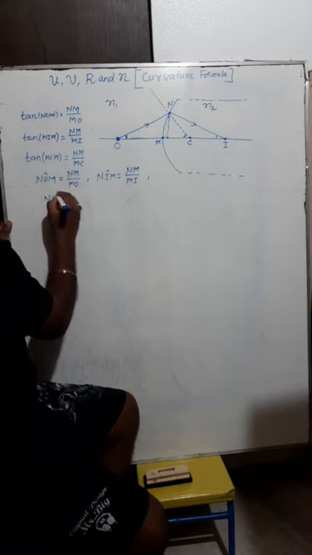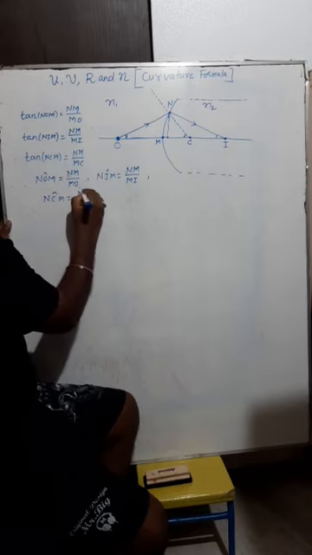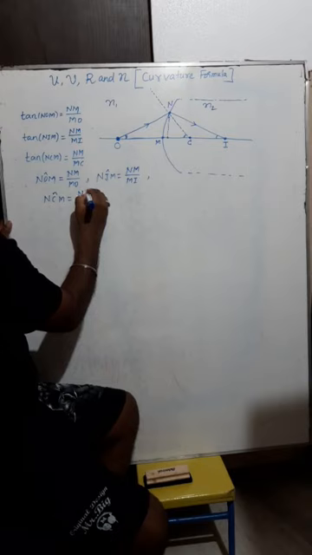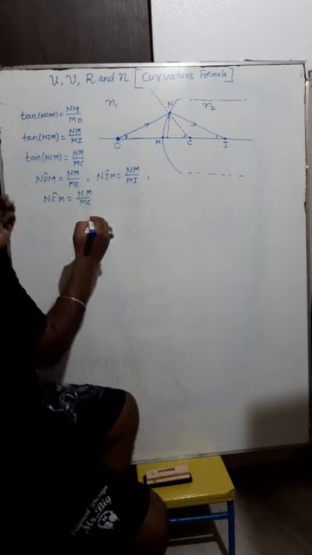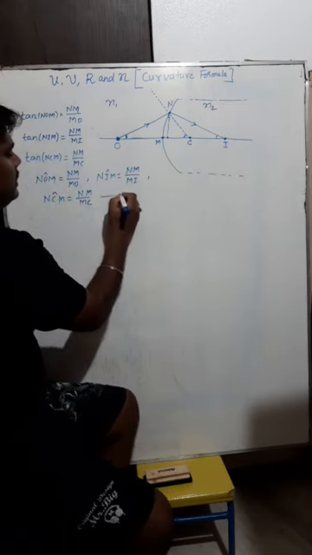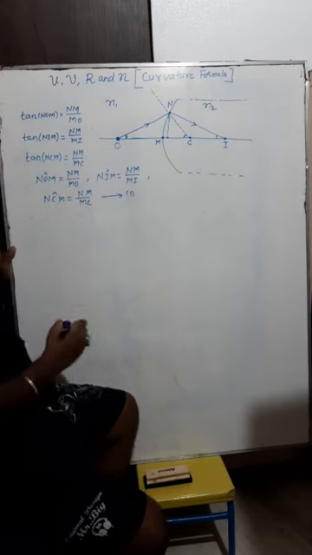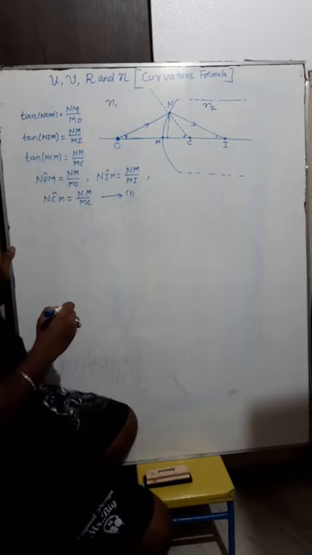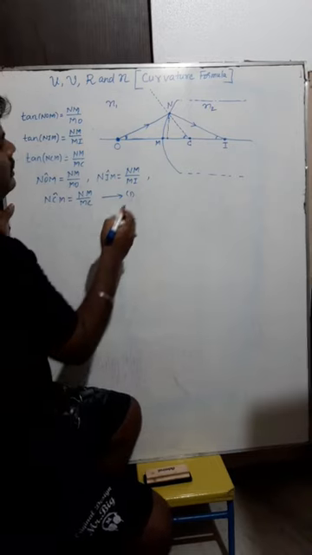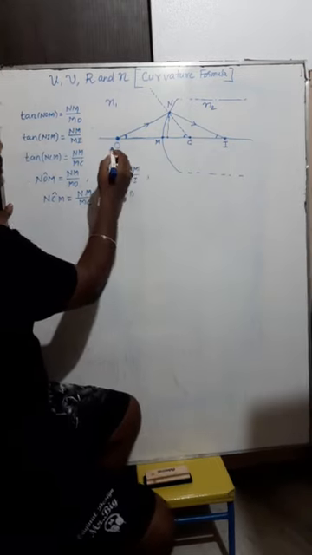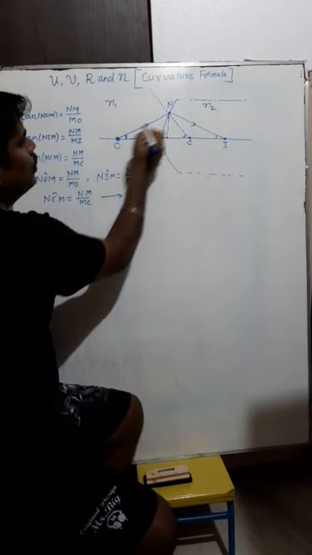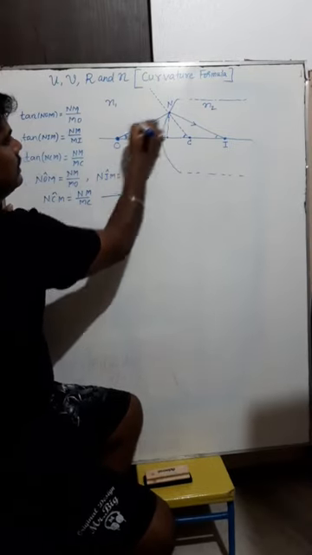Angle NCM can be represented as NM divided by MC. Right? So collectively, all these three equations we considered as equation number 1 here. So while continuing the derivation, we have to consider one more triangle here, ONC.